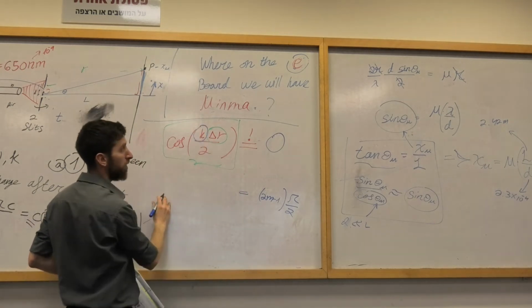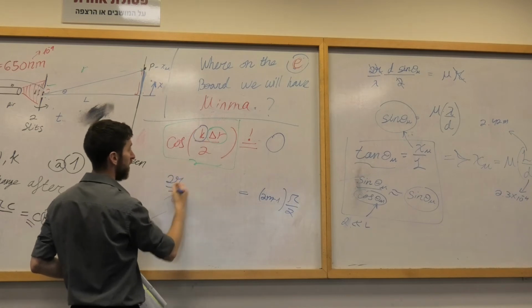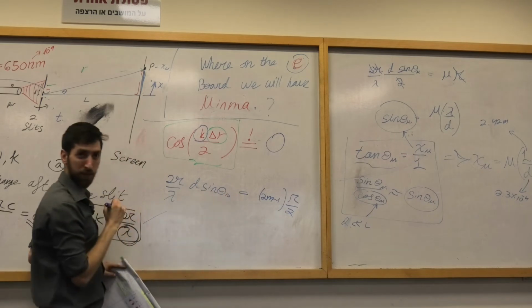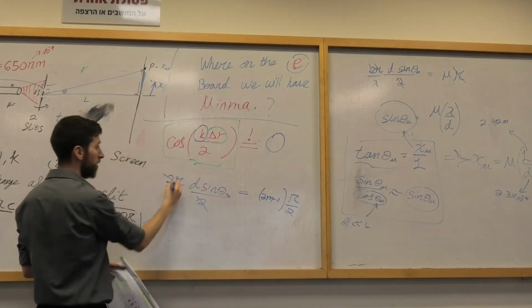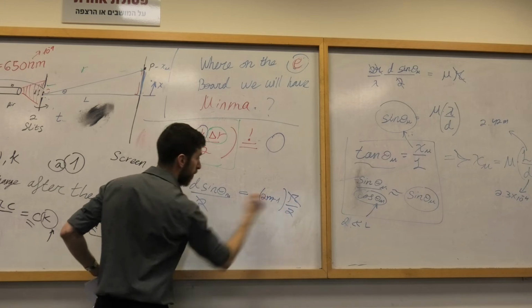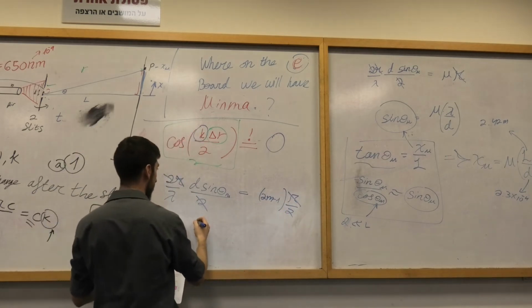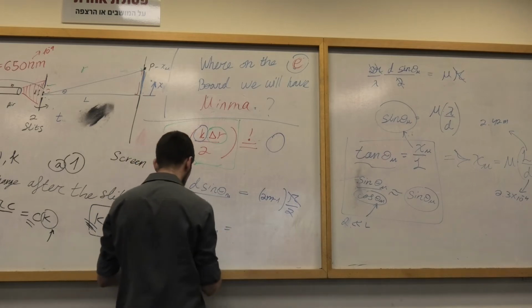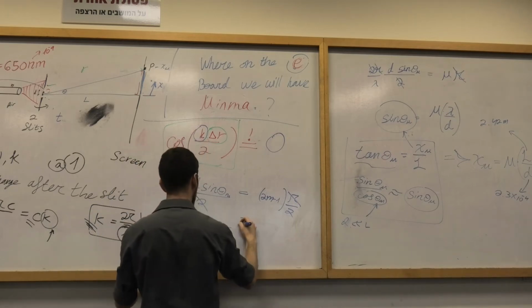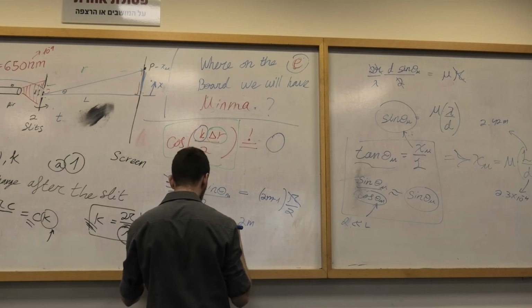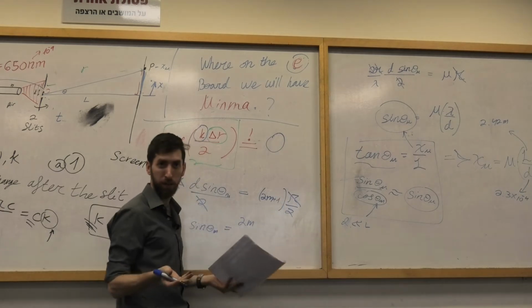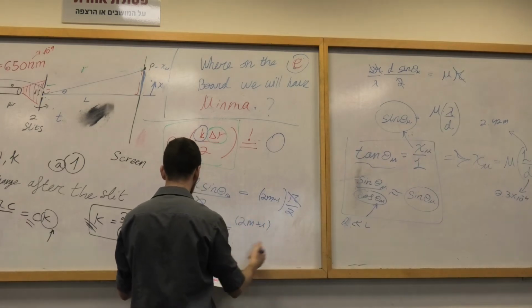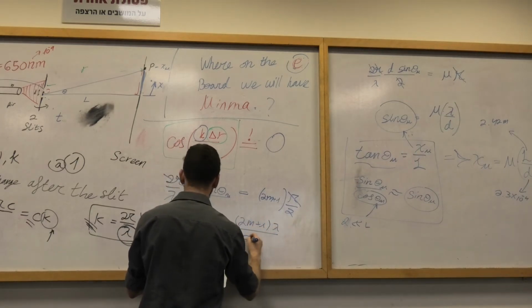So k we already talked about, it's 2 pi over lambda. Delta r is d sin theta minima, divided by 2. And we get that sin theta minima is equal to 2m, sorry, I wrote minus 1 here, it should be plus 1, so 2m plus 1, times lambda divided by 2d.